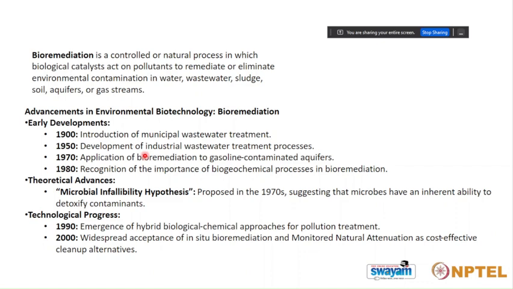So initially the treatment processes were limited to municipal wastewater treatment, then it was extended to industrial wastewater treatment also. Then again these bioremediation techniques started to grow, and they were used in gasoline, which is nothing but petroleum contaminated sites.